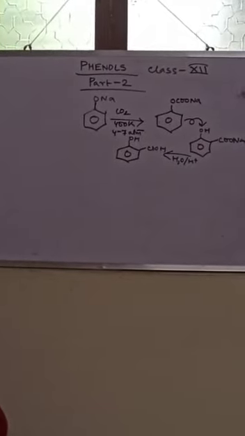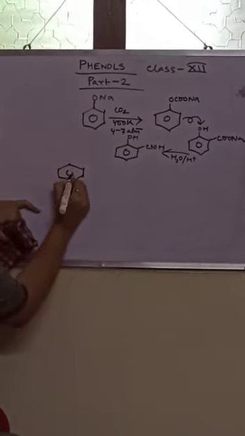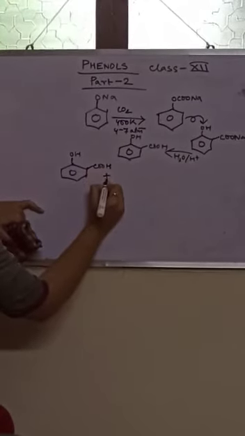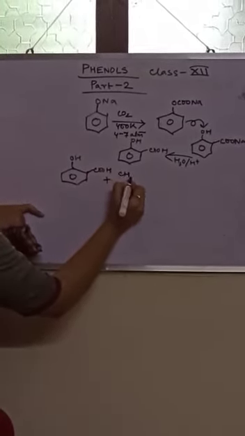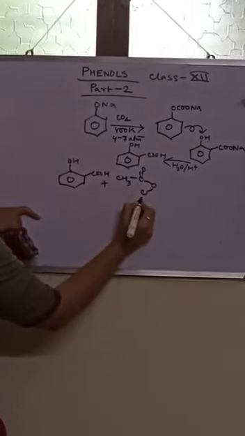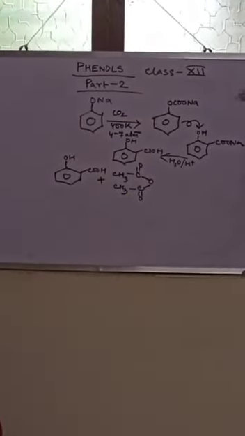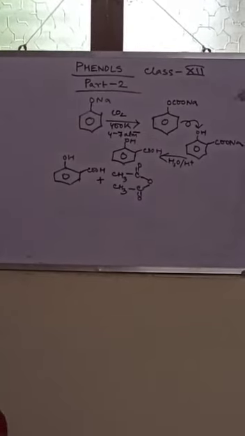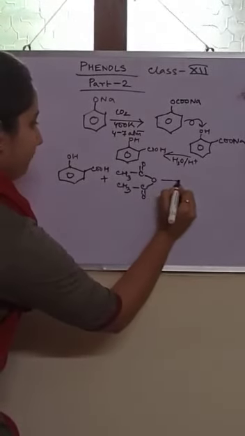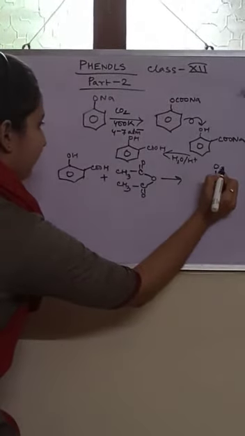One of these is aspirin. When salicylic acid undergoes acetylation with acetic anhydride, it results in the formation of aspirin.